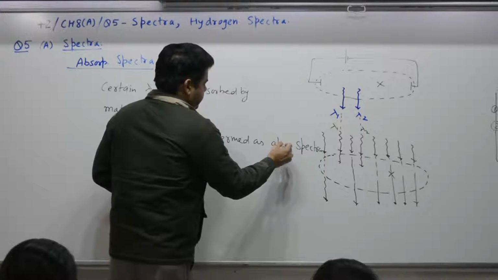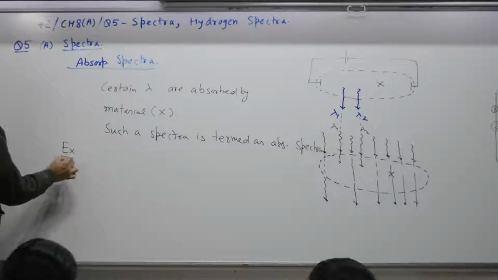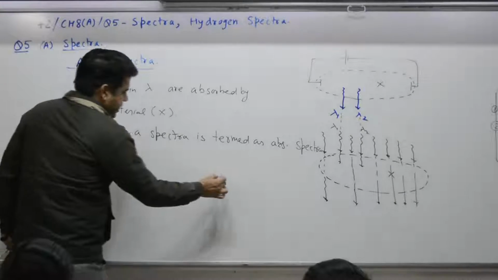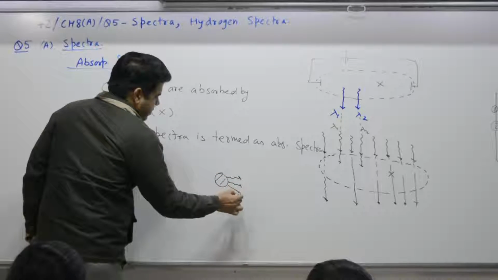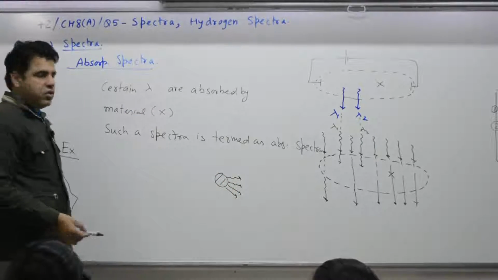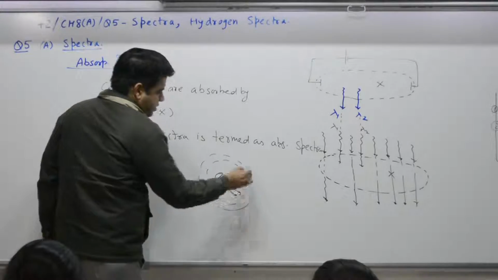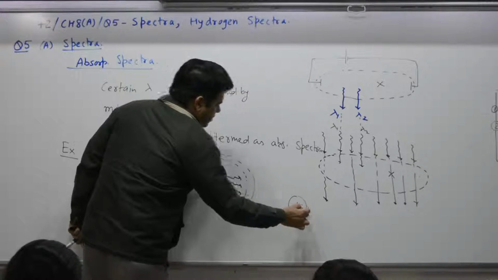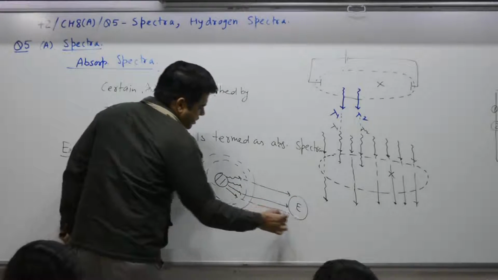Example, Sun. All wavelengths are available from the Sun. But when you observe on Earth, you get one wavelength, the second is not there, the third is there, the fourth is there.